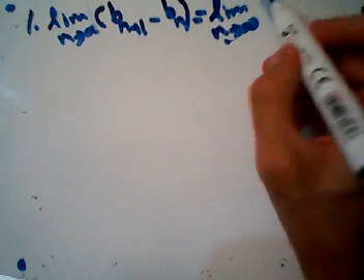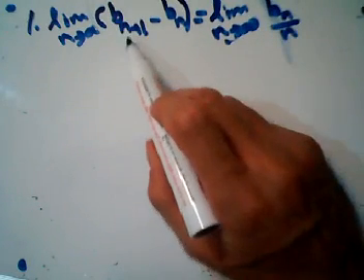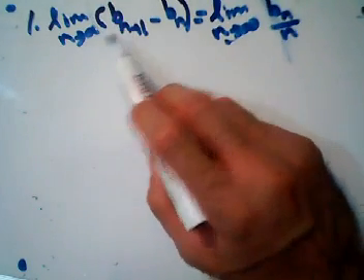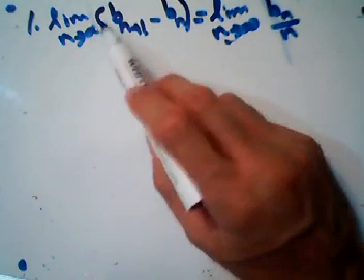And here the limit of the sequence b_n as n goes to infinity is infinity itself.